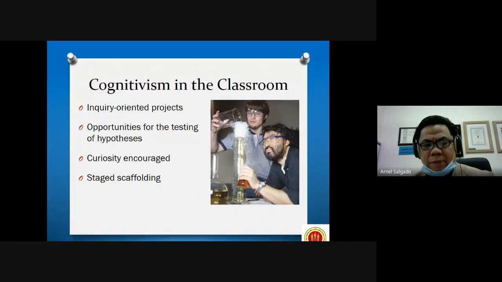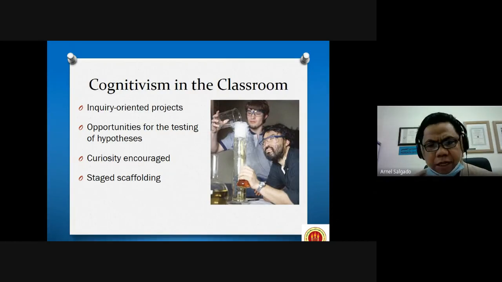So that is actually the very purpose of cognitivism. It will lead to the discovery method and, at the same time, group works and group discussions leading to the formulation of ideas coming from a group of students. Cognitivism also will allow students to formulate their own hypothesis. So we are a little bit liberal in this case.